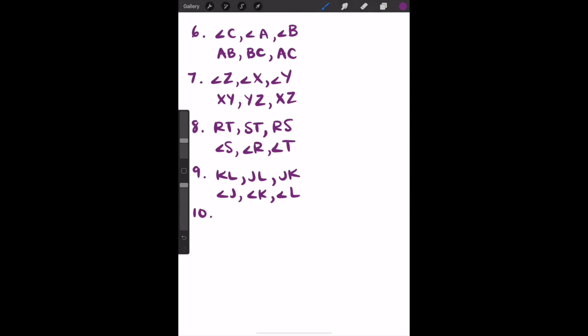For number 10, they gave me 2 angles, but not the last one. So I know that the triangle's angles add up to 180 degrees. So I'm just setting up an equation to figure out what that last angle, angle M, should be.